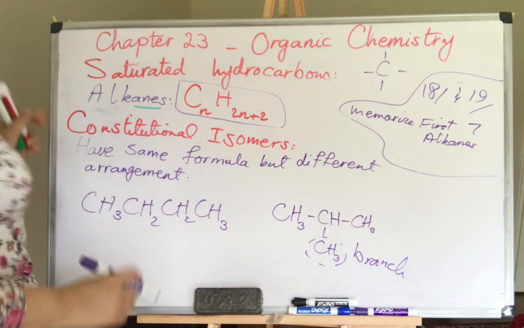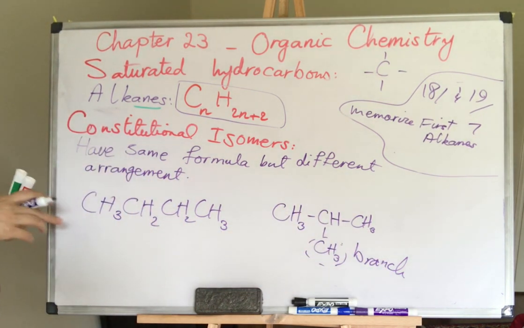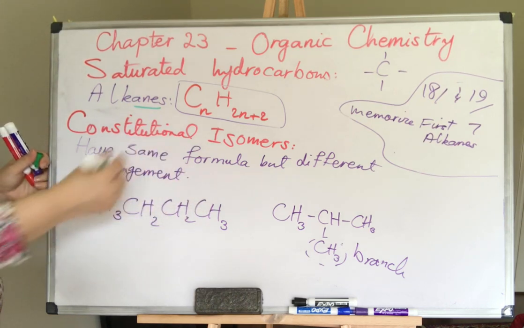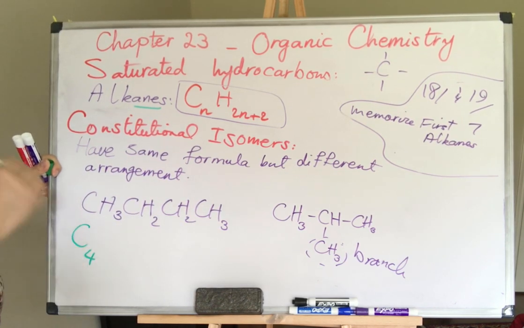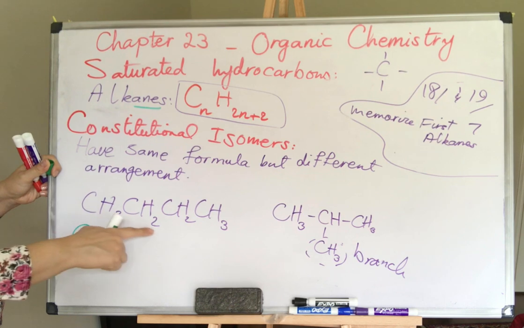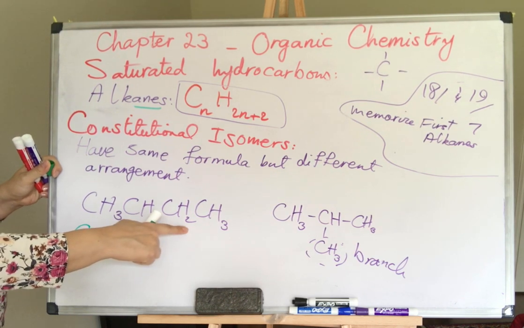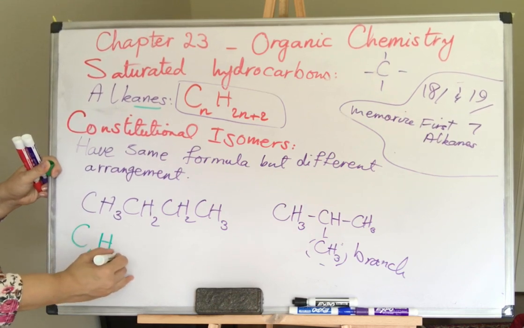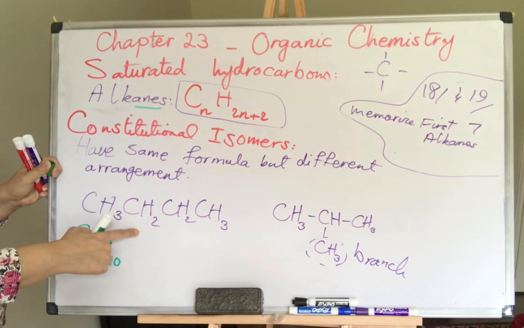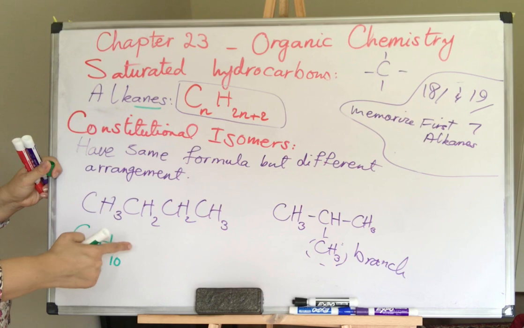In order to find out if they are isomers or not, we don't care if you don't know their names. Just count the number of carbons. How many carbons do you have? 4. And how many hydrogens? 3 plus 2, 5 plus 2, 7 plus 3, 10. So the formula for this compound is C4H10.